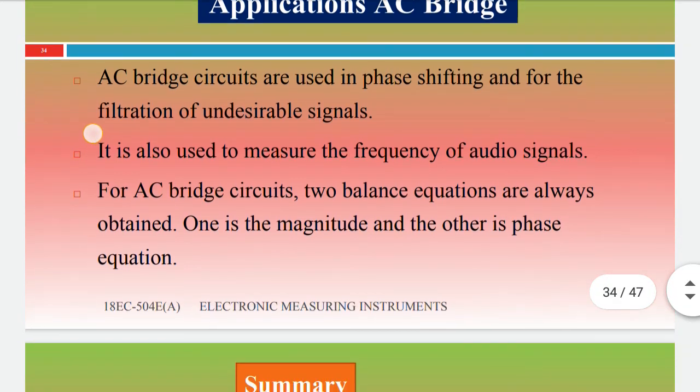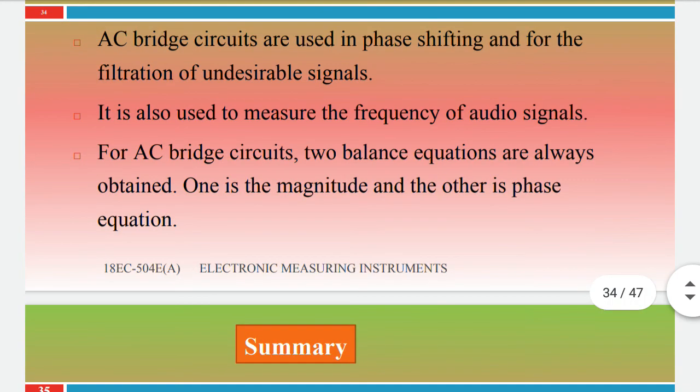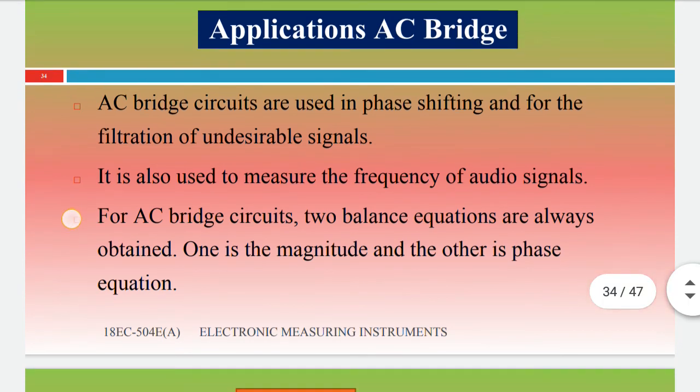That means to filter unwanted signals we can use the AC bridge, and AC bridges are also used for phase shifting. An AC bridge is also used to measure the frequency of an audio signal; for this, a Wien bridge is used. For AC bridge circuits, two balance equations are always obtained: one is the magnitude equation and the other is the phase equation.